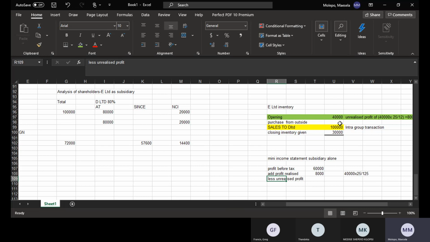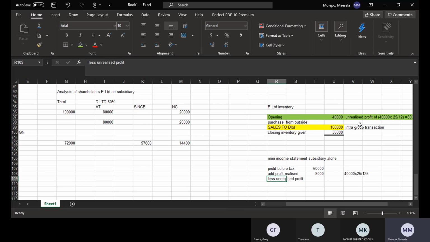So if you check your pre-adjustment trial balance, there is an inventory of 50,000 on Delimited. So that is the inventory sitting at the end of the year. Out of the sales that we made to Delimited, only 50,000 was sold. So there is another 50,000 sitting, which is still going to be sold to the people outside the group, which will be sold next year.